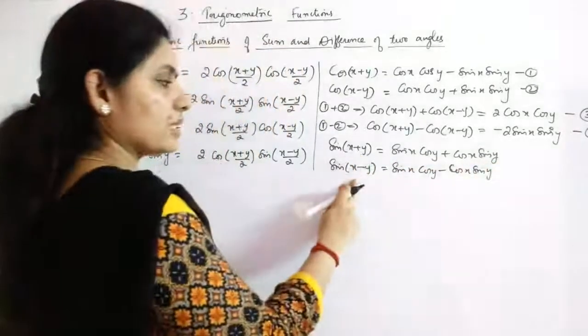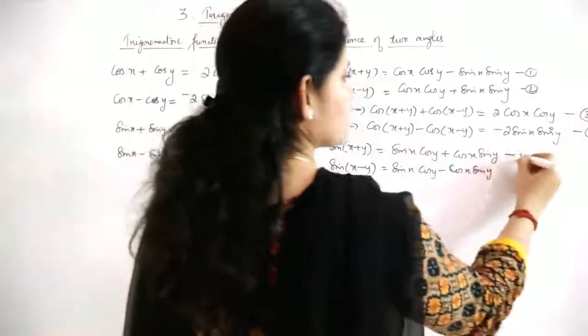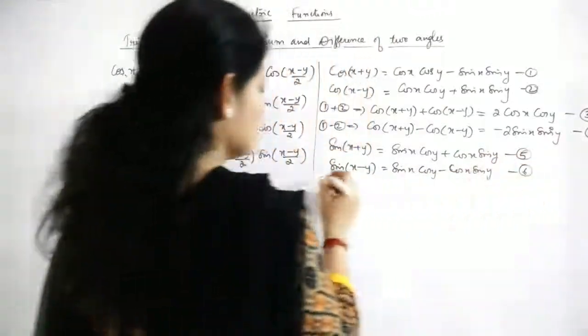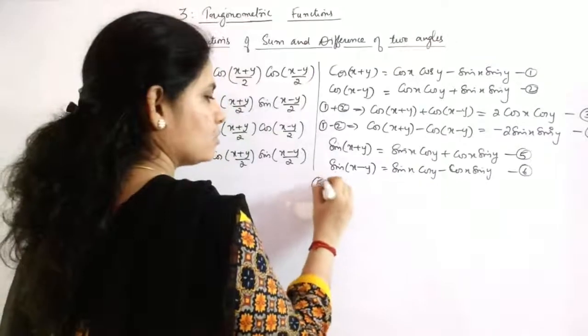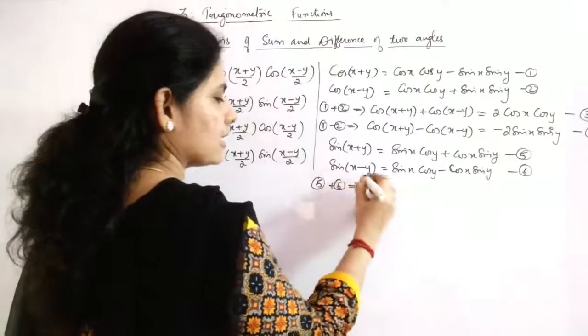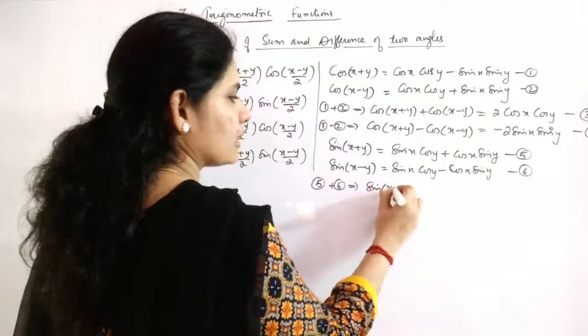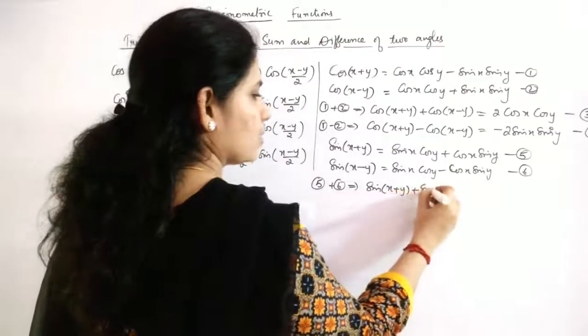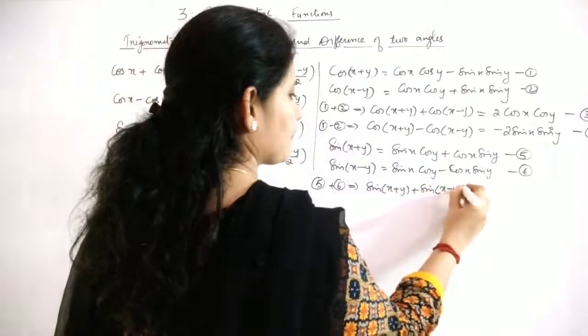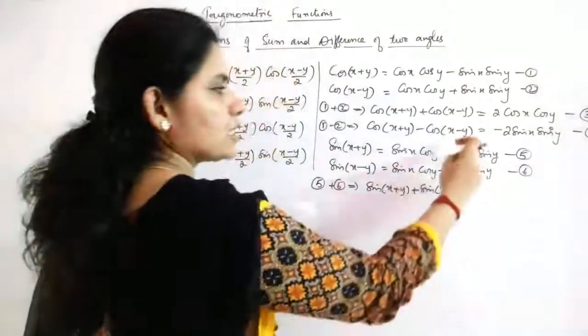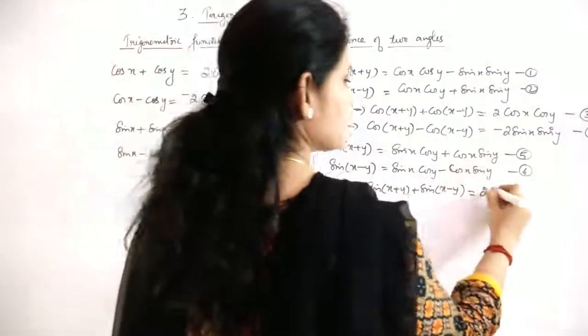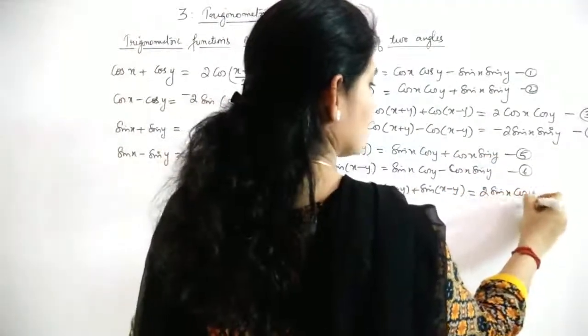X plus y and x minus y we have considered. Now suppose this is your 5th one and 6th one, so that you are just adding the two, 5 and 6, you will get the left hand side as sine of x plus y plus sine of x minus y, and this will give you what? These two will get cancelled and you will get 2 sin x cos y.